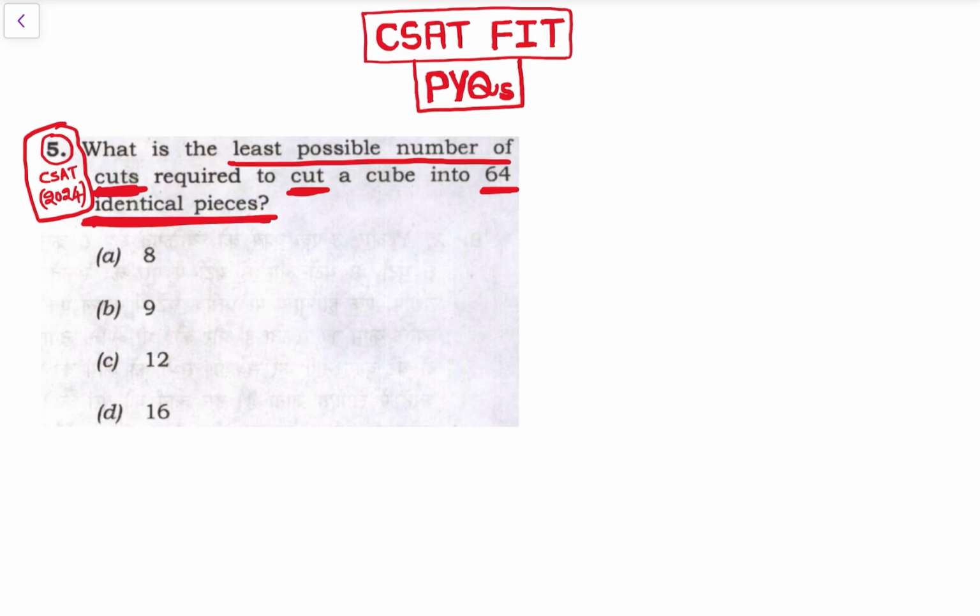So if we see, we need to cut a cube into 64 identical pieces, right? So we see 64 is equal to n cube. Under the cubes concept, we discussed that 64 is equal to n cube. So for n cube to be 64, n will be 4.